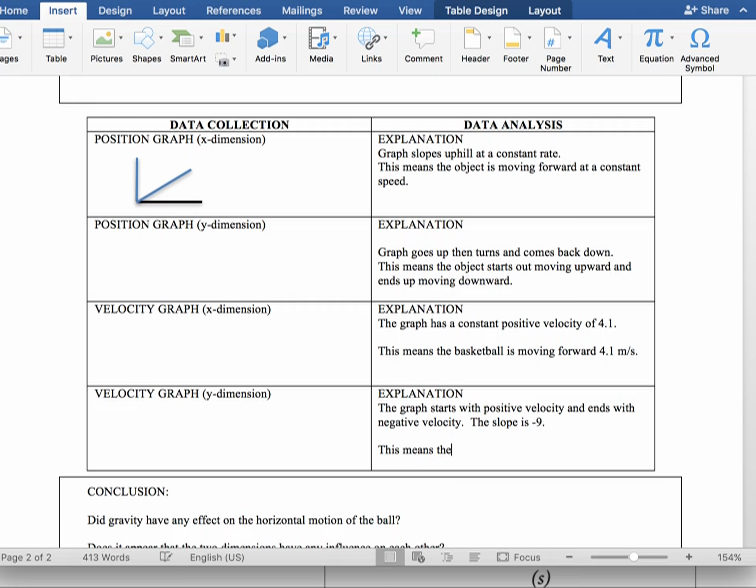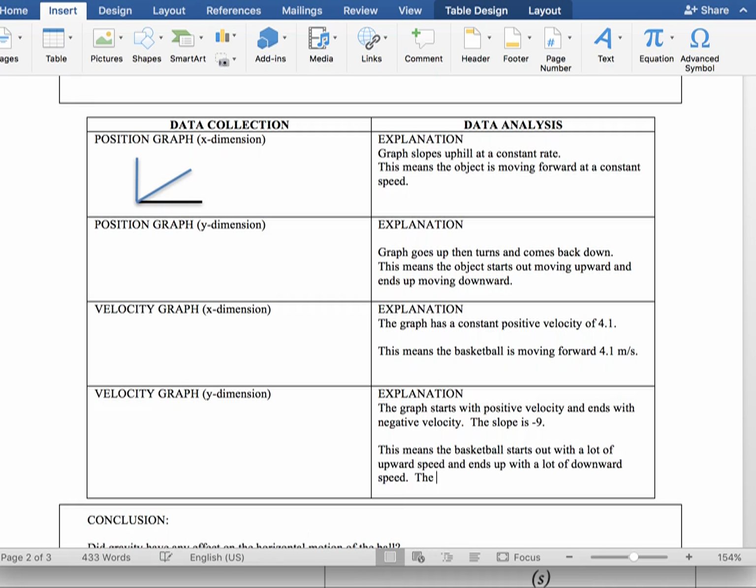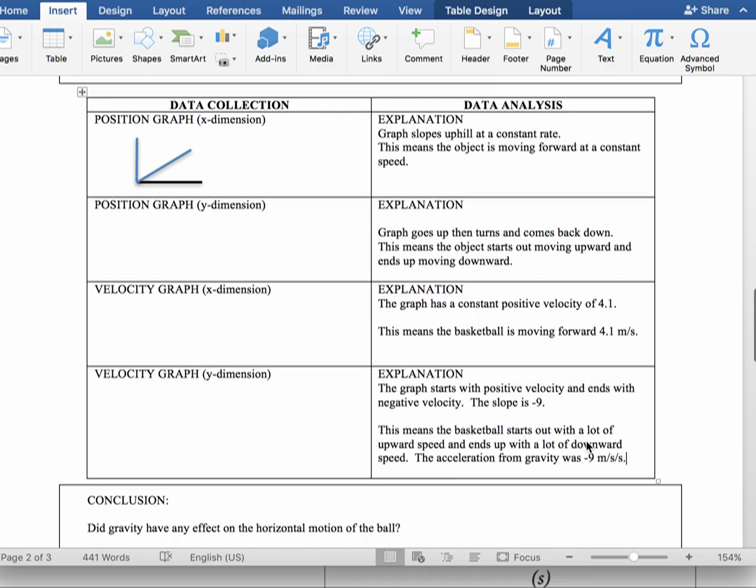This means the basketball starts out with a lot of upward speed and ends up with a lot of downward speed. The acceleration from gravity was -9 meters per second squared. Notice that I connected the word gravity with the number that we saw.